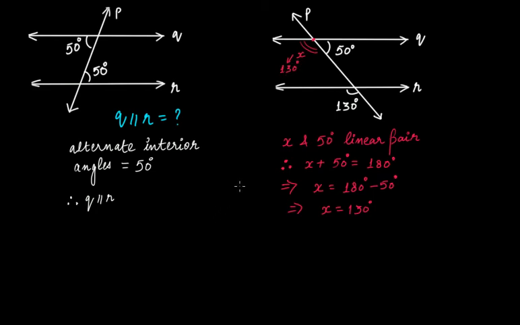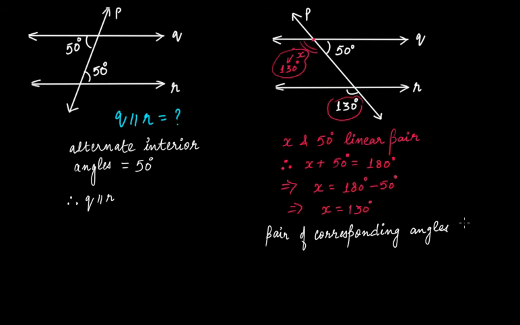Okay. Now look at this angle. This is 130 degrees and this is also 130 degrees. So don't you think that this angle and this angle are actually what? A pair of corresponding angles, and both the angles are equal to 130 degrees.